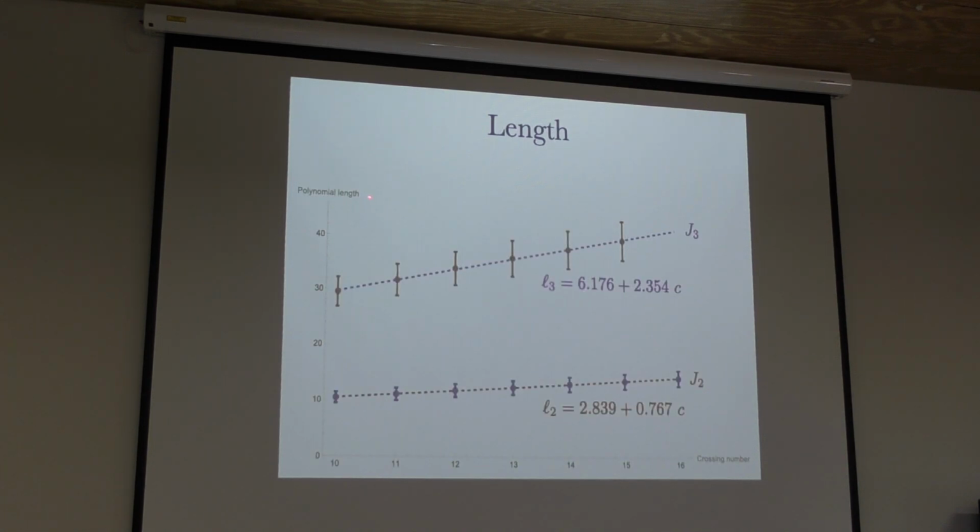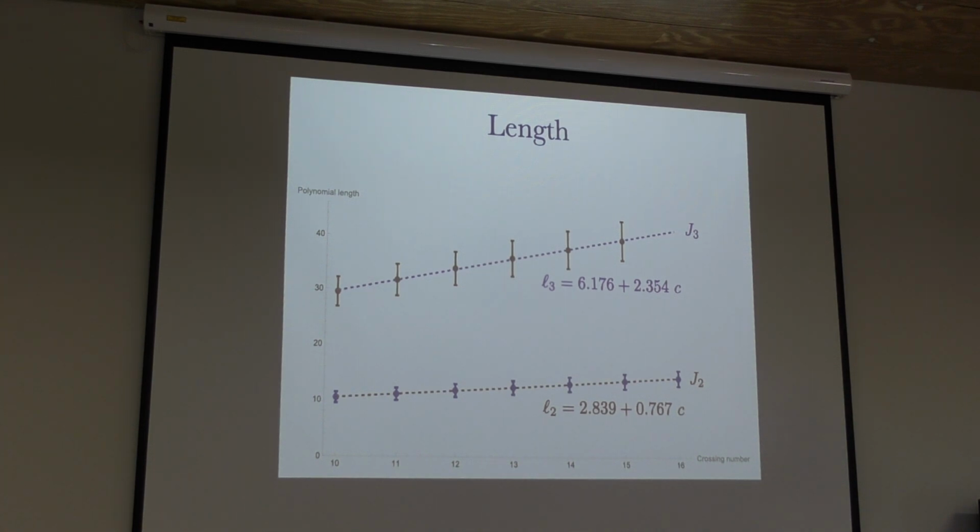This is the length of the polynomial, so maximum degree minus minimum degree plus 1. This is the curve for the ordinary Jones polynomial. This is a similar curve for the colored Jones polynomial. The spread is very linear, so we just observed this, and I was talking to Sergei Gukov last week at Spring Data. He thinks he's got an explanation for why these patterns are there in this data.